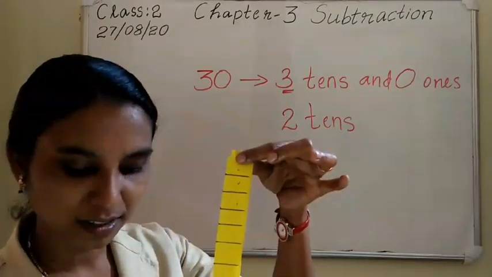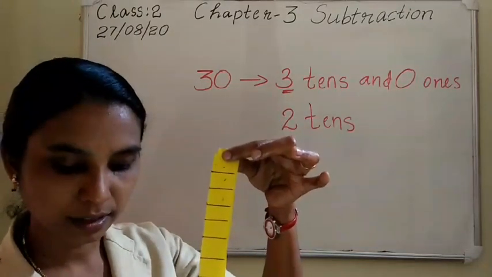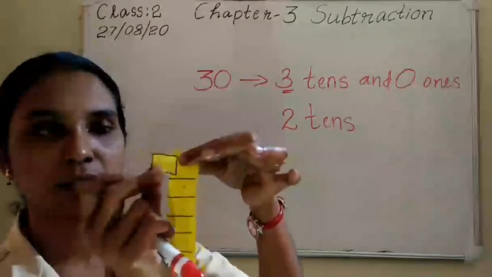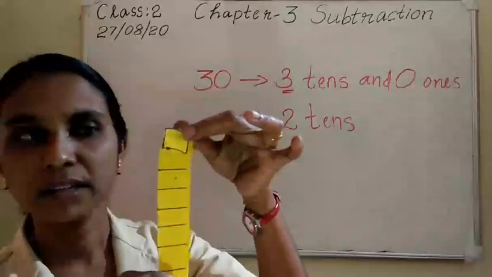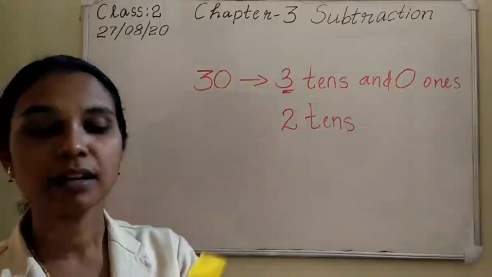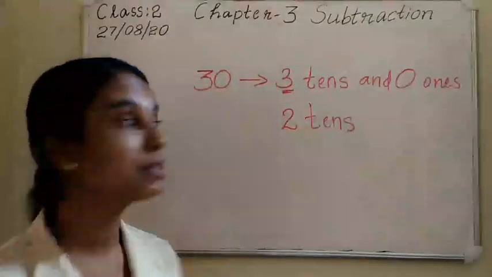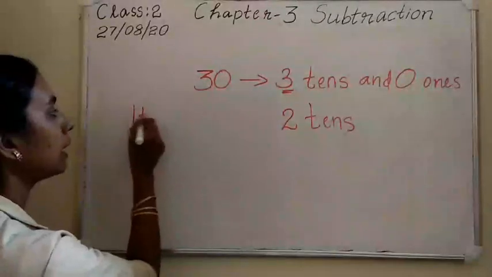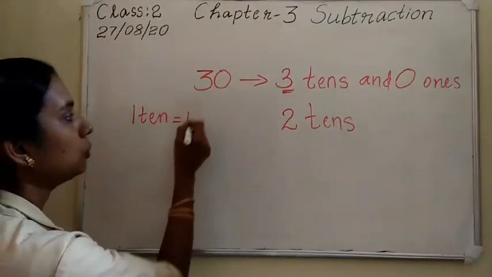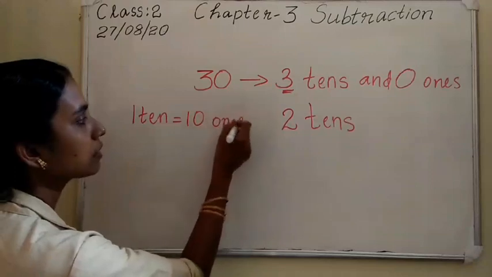These are ones. So there are 10 ones. 1 ten is equal to 10 ones.